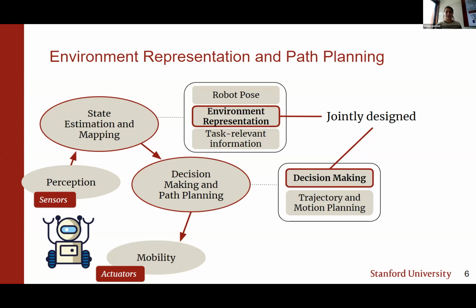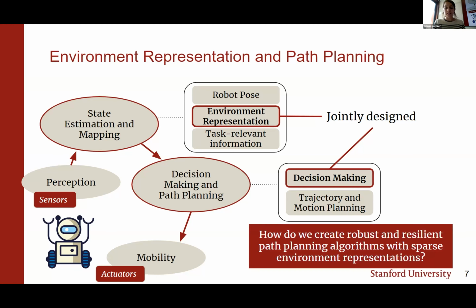We can't, unfortunately, solve all the problems that we would like to perfection. We need to design the environment representation while thinking of this as well, trying to get the best structure we can for solving our problem. So the question we're asking in the thesis is, how do we create robust and resilient path planning algorithms with, in our case, sparse environment representations that are able to scale well to large environments?